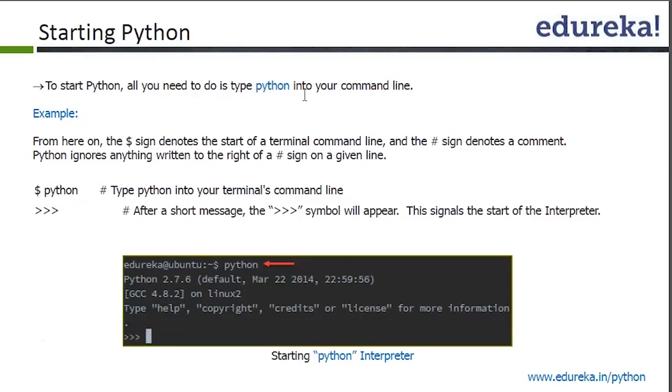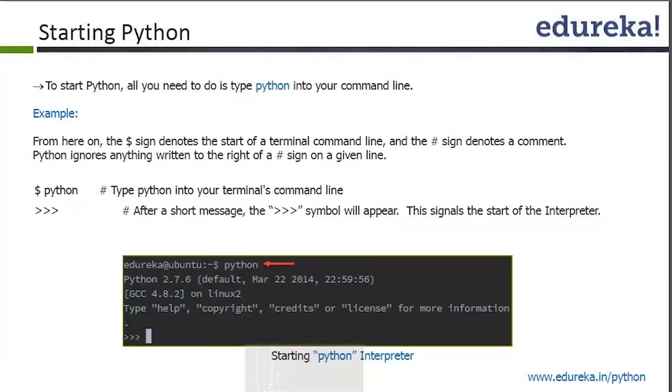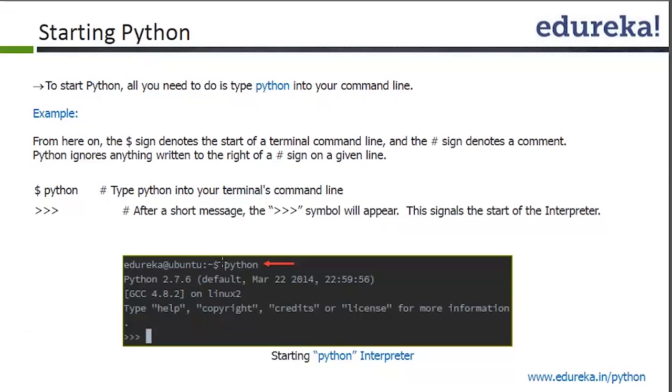To start Python, all you need to do is type python on your command line. You can also do something similar to this. Okay, not this one. Okay, it's not in my path. Otherwise, if your Python is already in your path, let's say for example on your Linux machine, on all flavors of Linux, you can just say python and it will start Python.